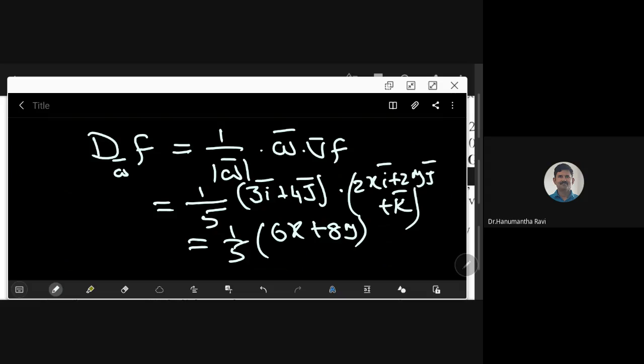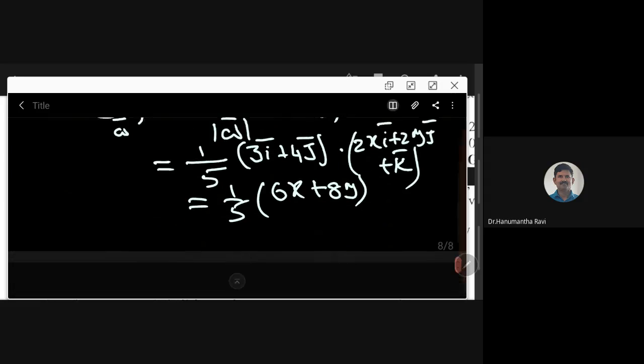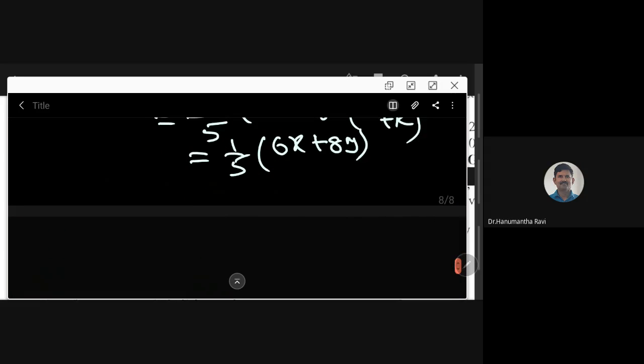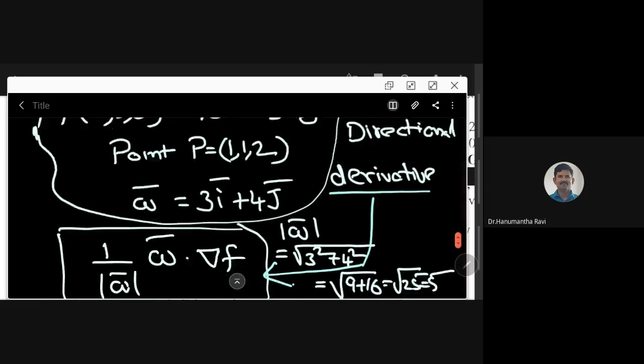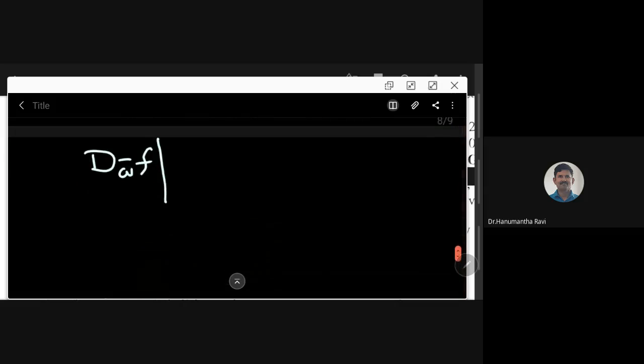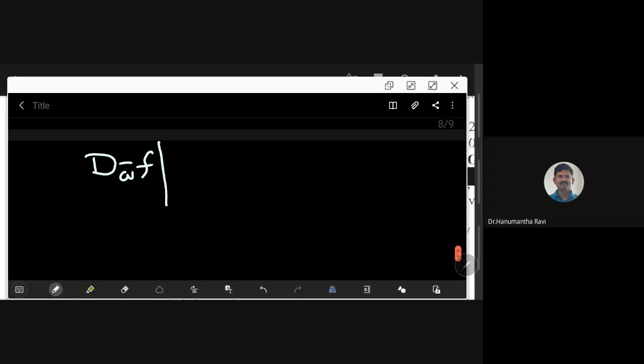That is the dot product there. Now we want this directional derivative at which point? Another point is given here. That point is P, (1, 1, 2).